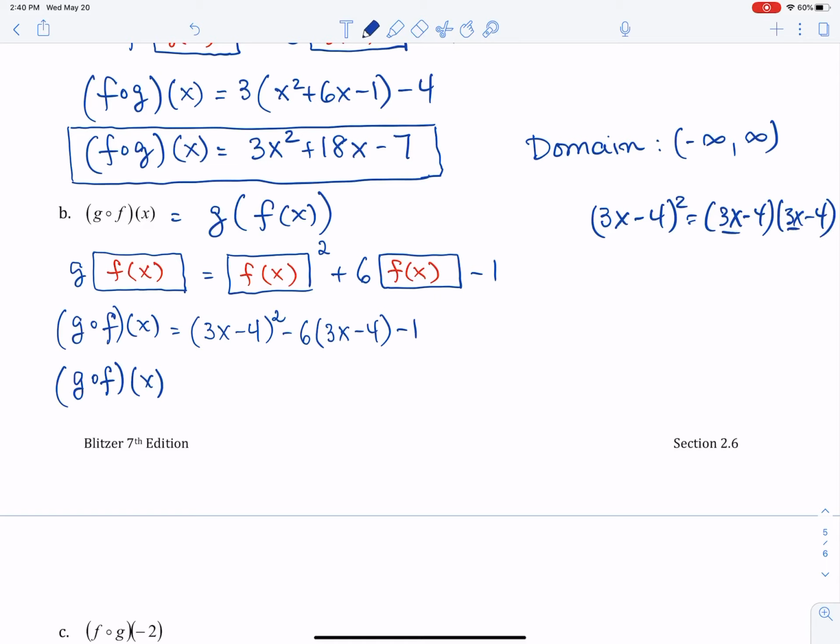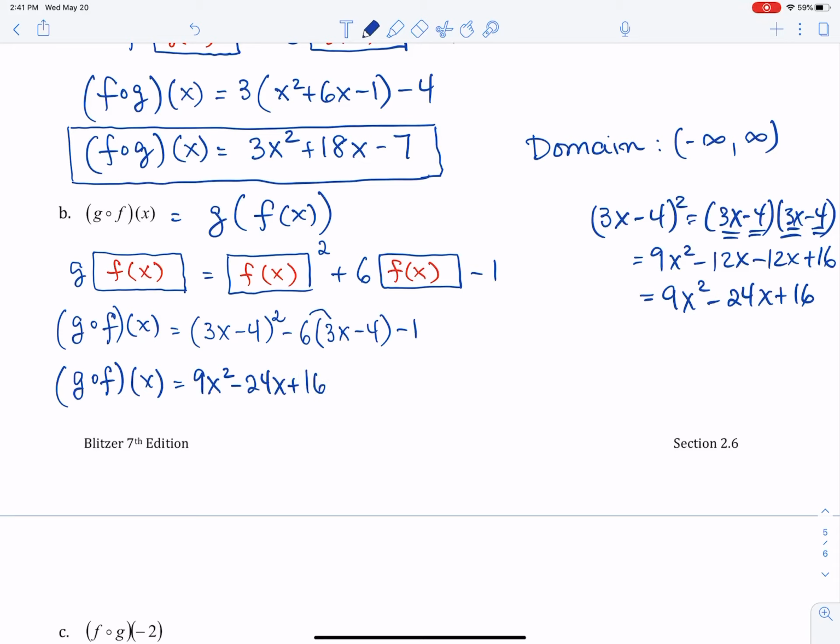So 3x times 3x is 9x squared. 3x times negative 4 is negative 12x. Negative 4 times 3x is negative 12x. And negative 4 times negative 4 is 16. So (3x minus 4) squared is going to be 9x squared minus 24x plus 16.